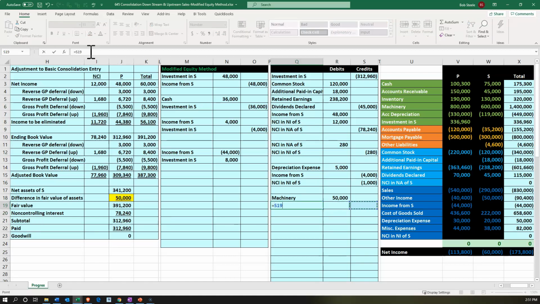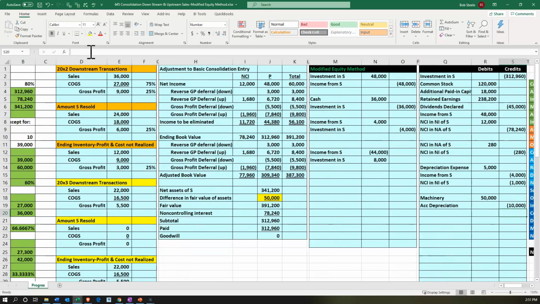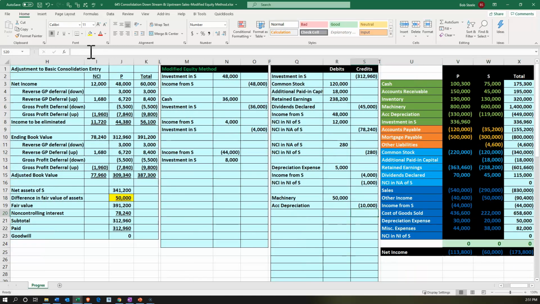So that's going to be accumulated depreciation, which is going to be negative of that 50,000 divided by 10, which would be the years that we had. And then I'm going to multiply that times 4.